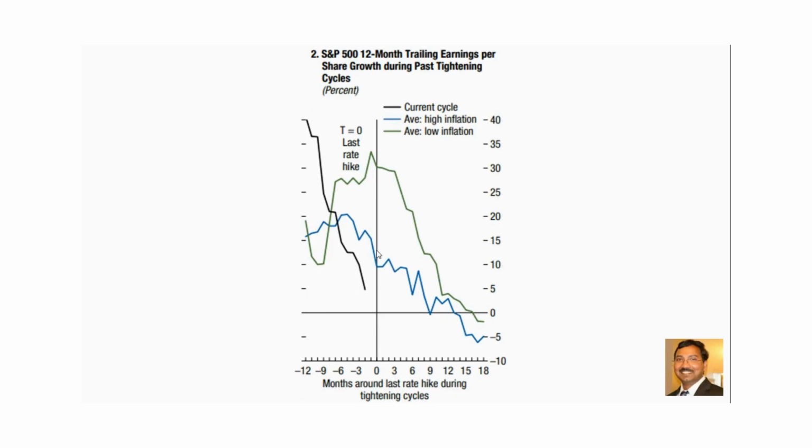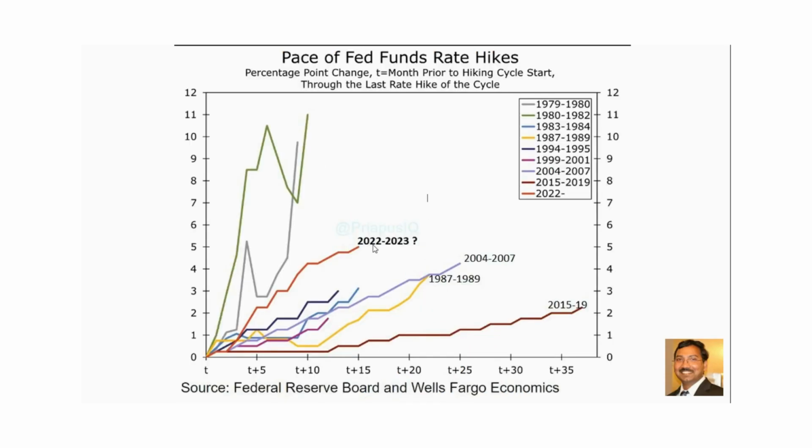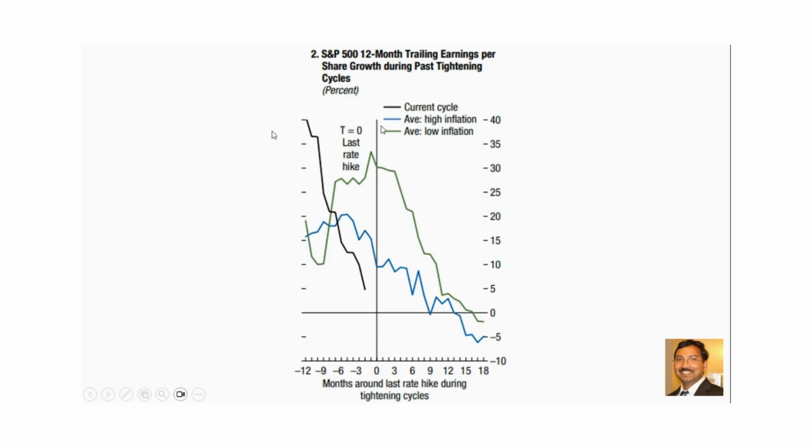So if the Fed stops the rate hike, how are the stock market corporates doing? Corporate margins and earnings are going down. If you take this black line, if you think this is the point where the Fed stops the rate hikes, then the earnings of the corporates go down over the next 12 to 18 months.